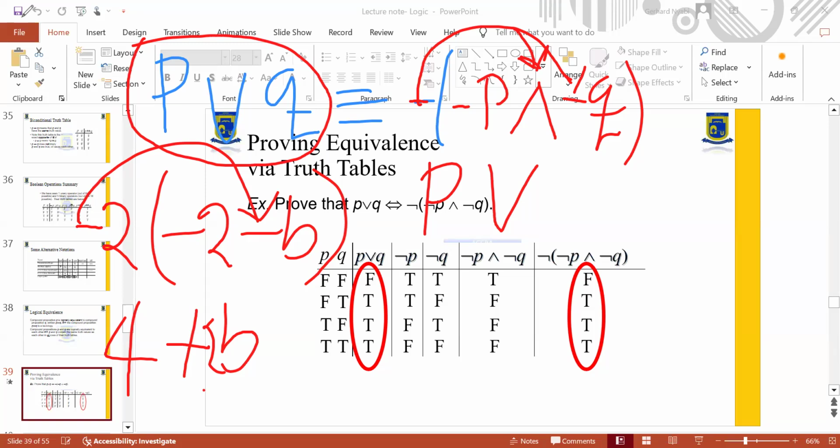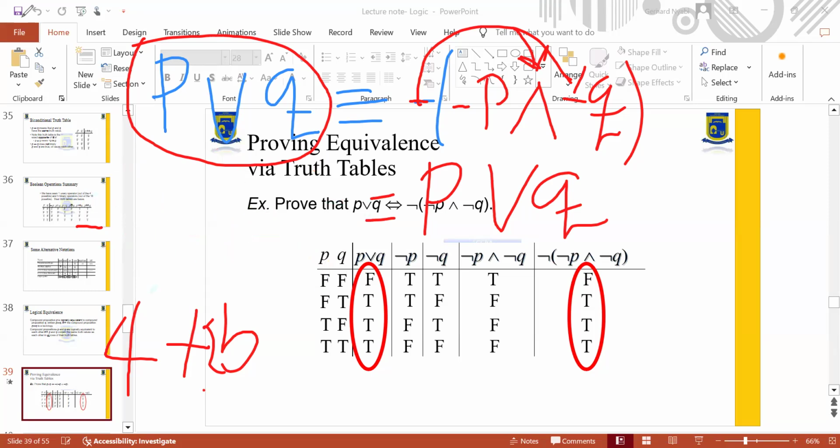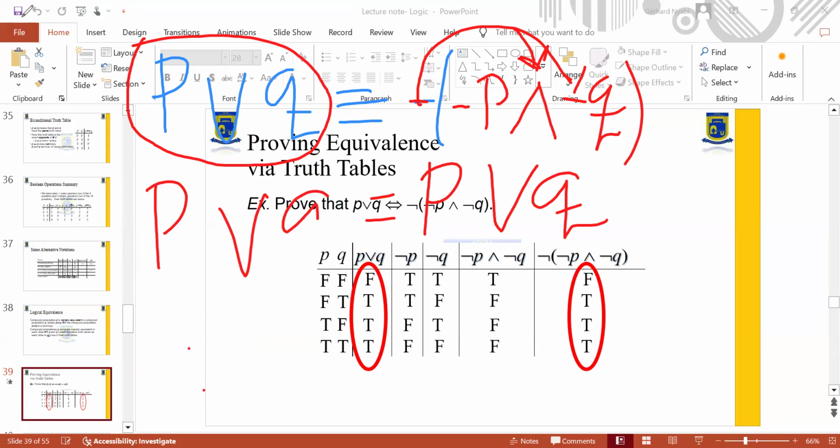So negative times negative Q will give you positive Q. So we can now say that the output of negative P and negative Q negated is the same as P or Q.